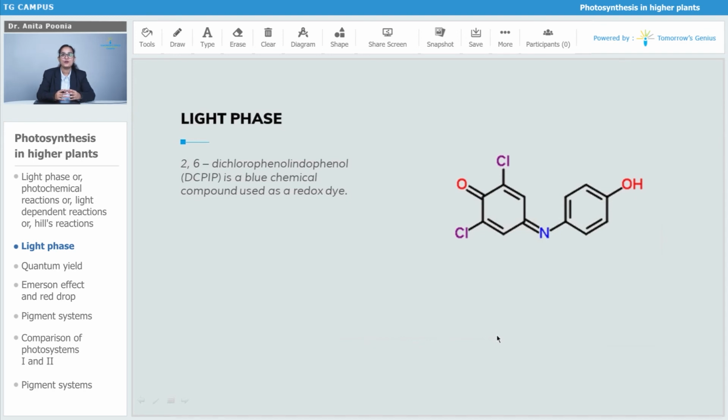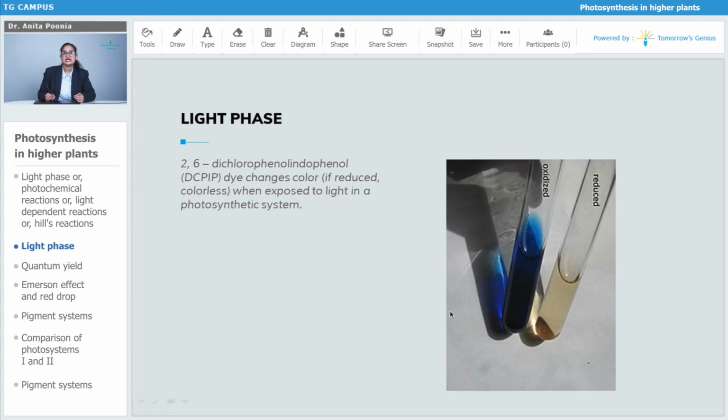Here you could see more about 2,6-dichlorophenol indophenol. DCPIP is a blue chemical, a compound used as a redox dye, and this is the molecular structure. Now this dye color is blue. The DCPIP dye changes color if it is reduced.